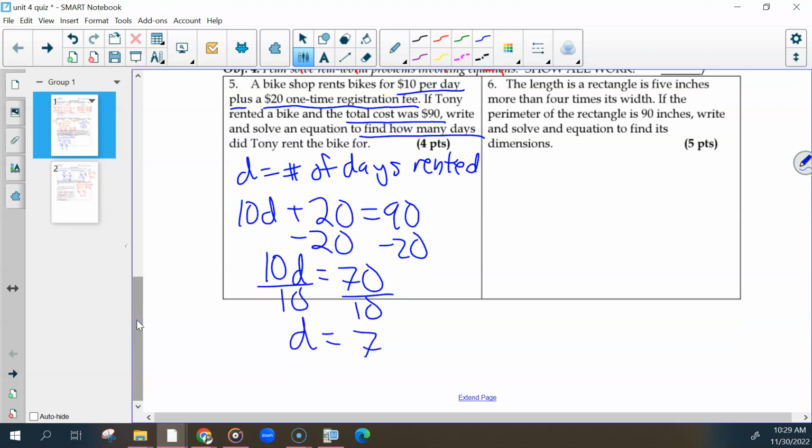And then making sure you have your label with your answer was worth 1 point. So we should have had 7 days as our final answer. Do we have any questions on that one?